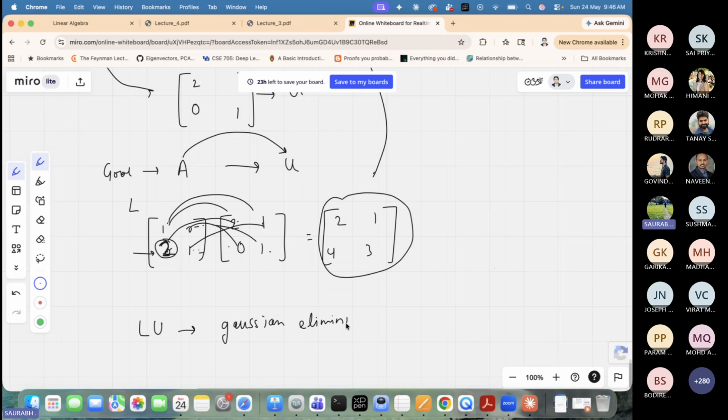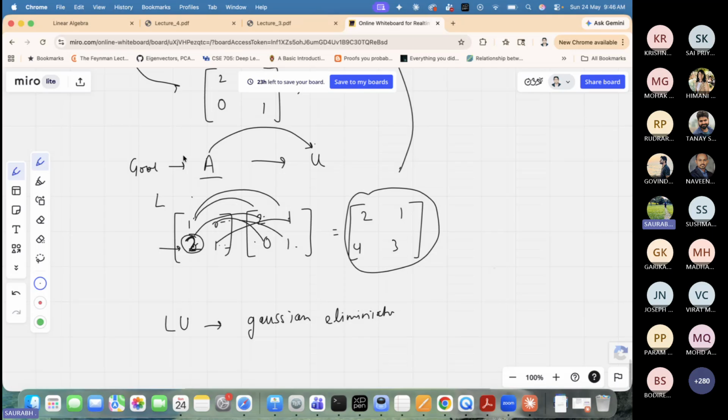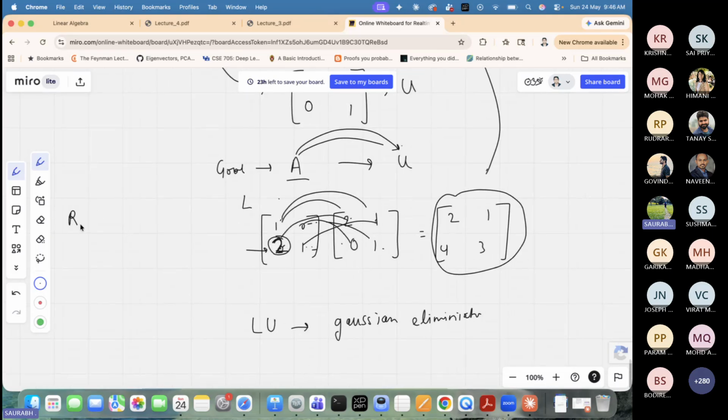Gaussian elimination basically transforms A into U. Now, all the multipliers that you have used while transforming A to U, all the transformations of the type Ri equals Ri minus M times Rj.